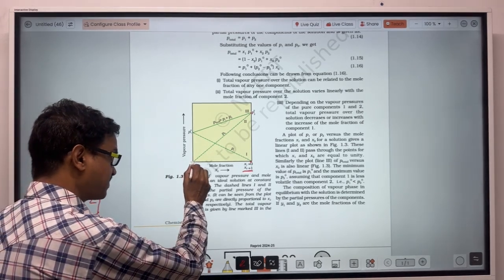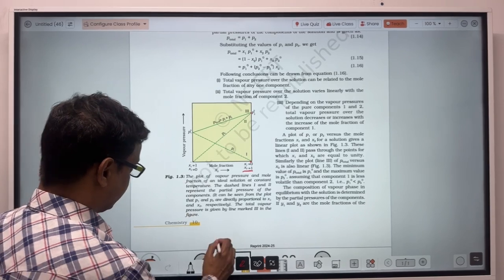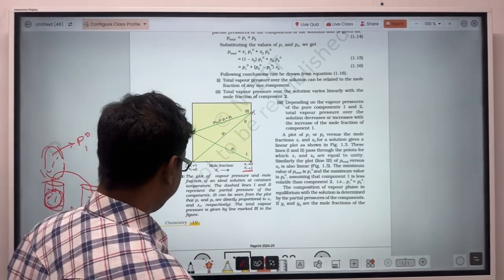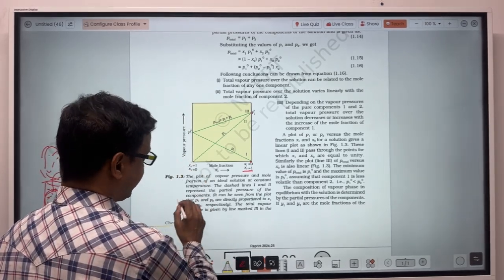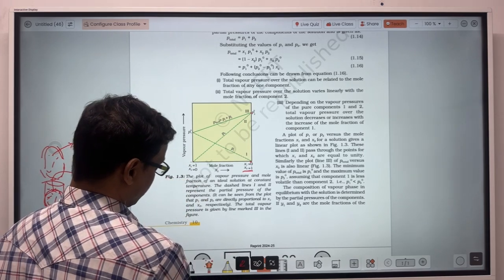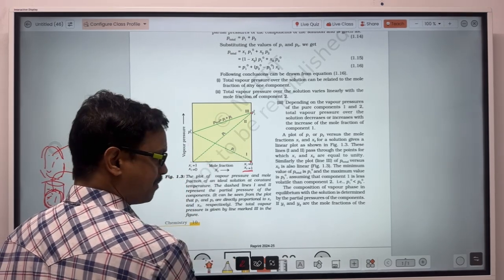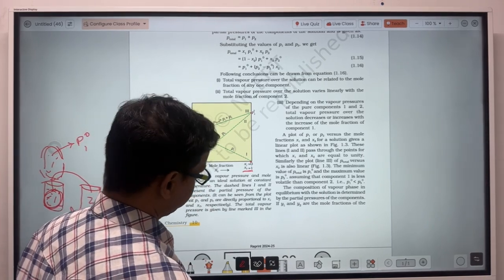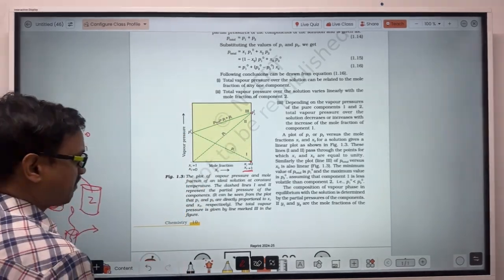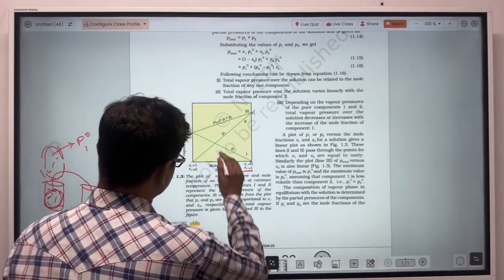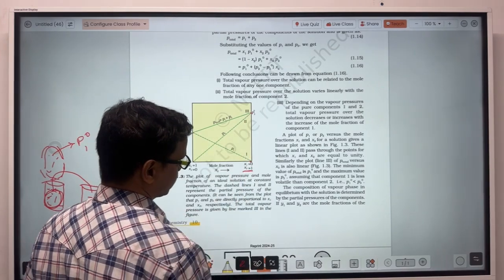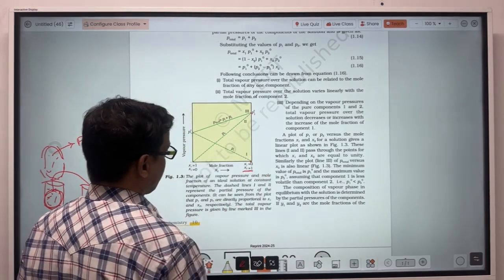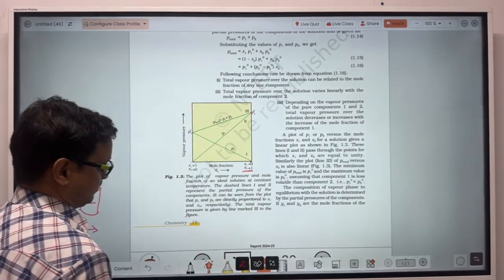So the partial vapor pressure of liquid 2 will be 0, and the partial vapor pressure of liquid 1 will be maximum. That's why this point is P degree 1. The total vapor pressure is the summation of that, so from this point to this point, that is the total vapor pressure.